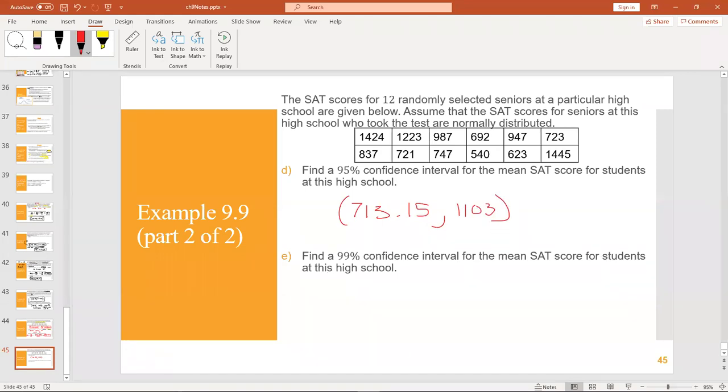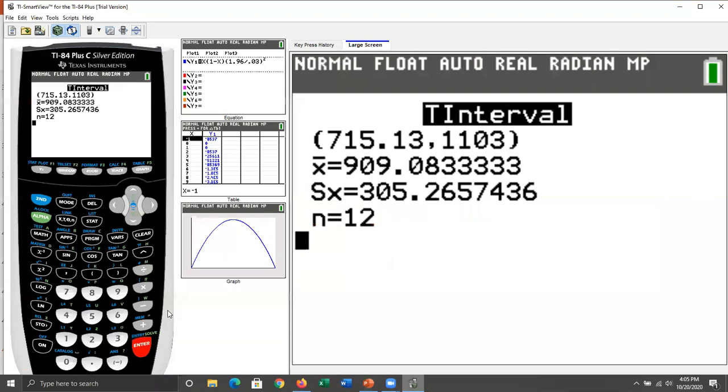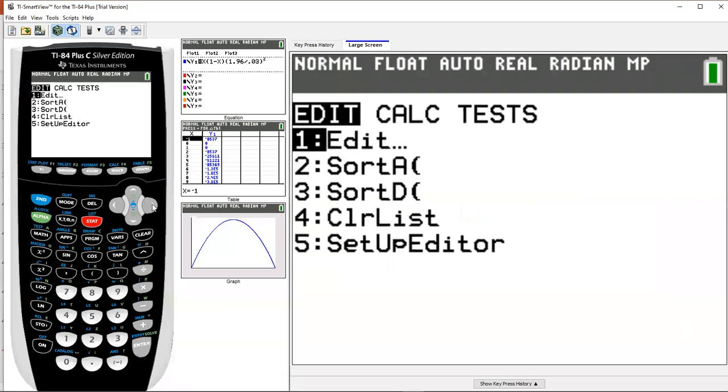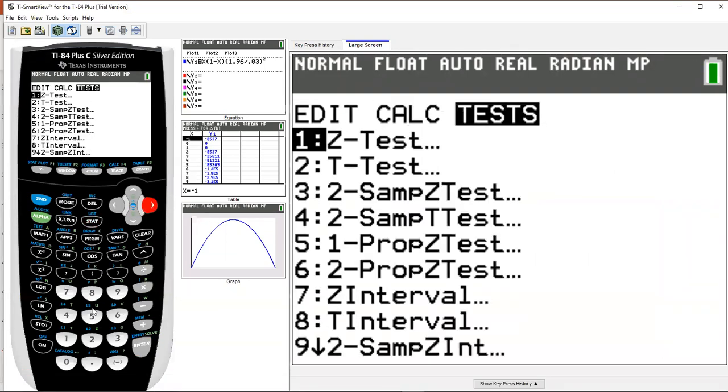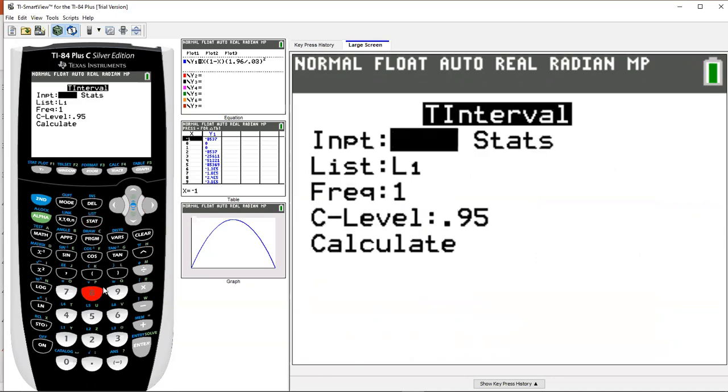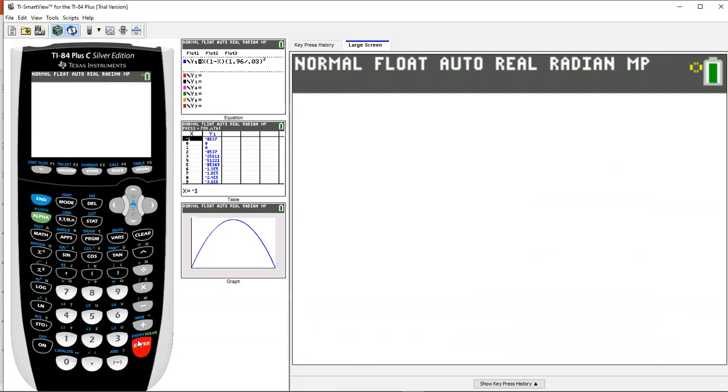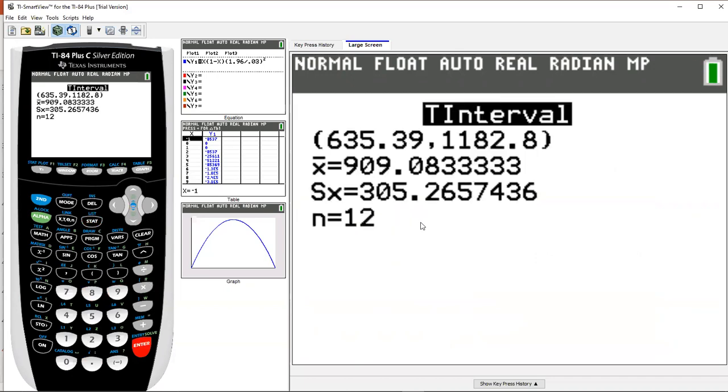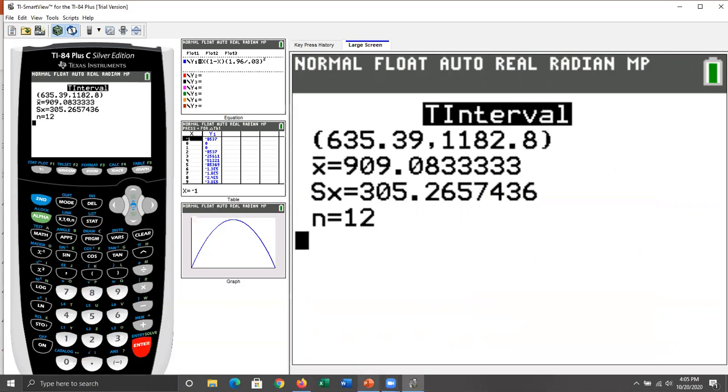Find a 99% confidence interval. All right, we can do that. Stat, go over to test, choose option 8. We're again going to do the list 1 data. Frequency is just 1. 0.99 is the confidence level. And let's see, what is that? 635.39.